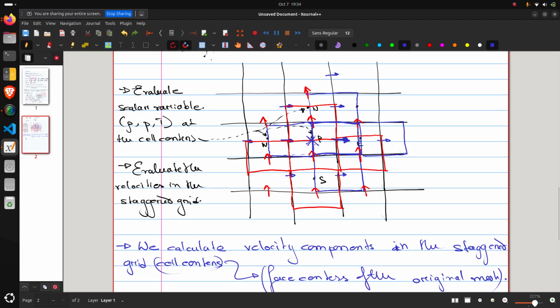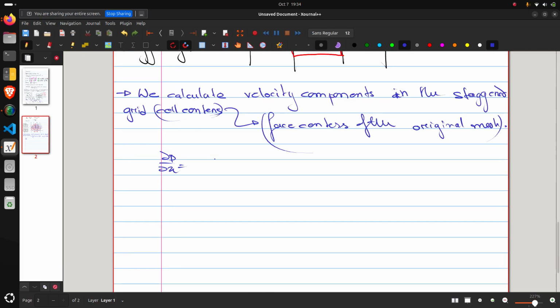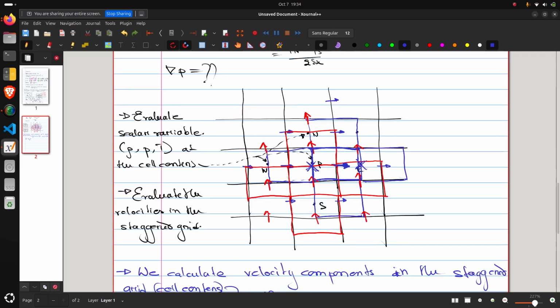Because the pressure is already stored in the capital P and capital E, right? So we have capital E minus capital P by del x u. Let's just write it as del x u. This is the grid spacing for the x staggered grid, right? Anyway, if we have assumed a structured uniform orthogonal Cartesian mesh, it is the same as del x, right?